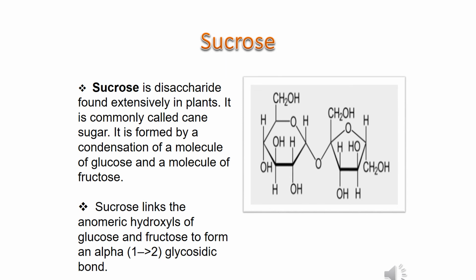In fructose, it is not the fourth carbon atom but the second carbon atom that is involved in glycosidic bond formation. So this is about sucrose. Sucrose is also known as invert sugar.